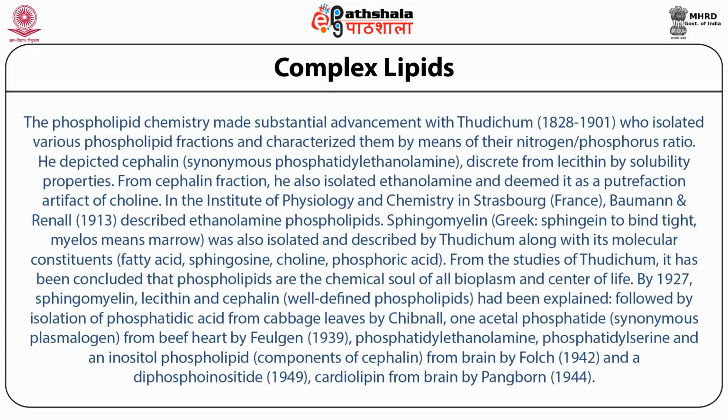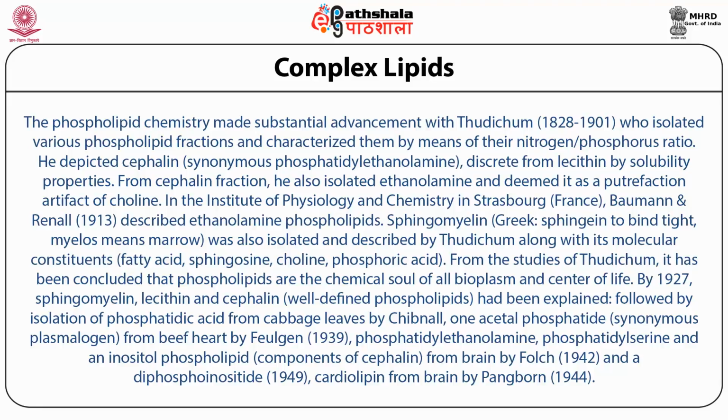The phospholipid chemistry made substantial advancement with Thudichum, who isolated various phospholipid fractions and characterized them by means of their nitrogen-phosphorus ratio. He depicted cephalin, which is synonymously known as phosphatidylethanolamine, as discrete from lecithin by solubility properties.